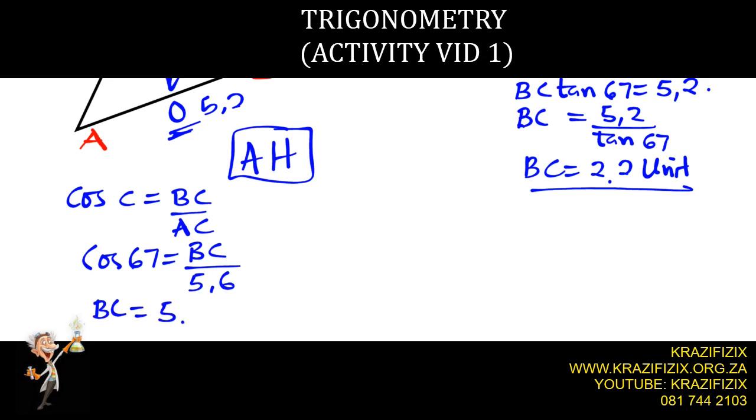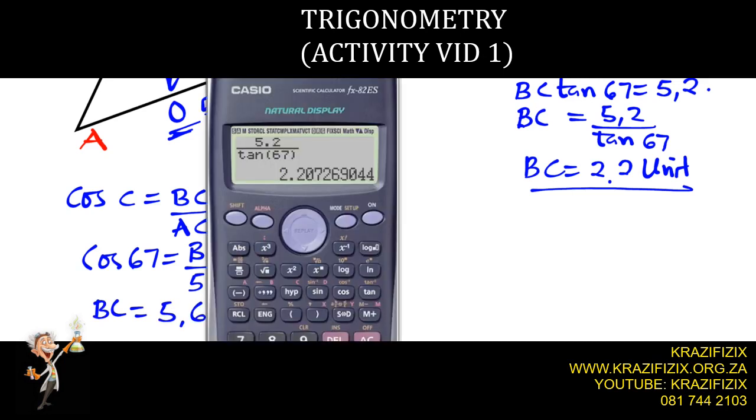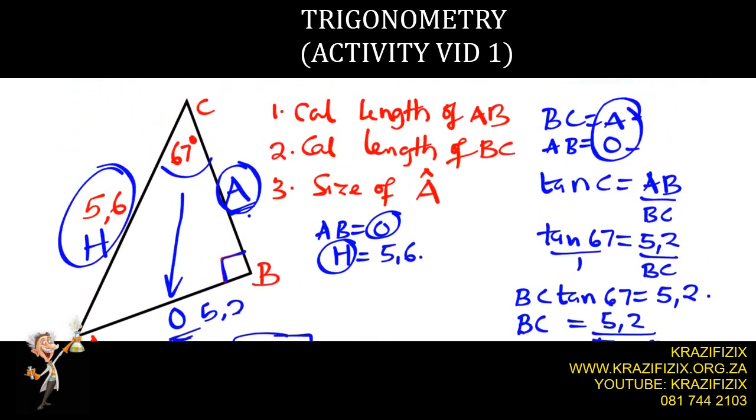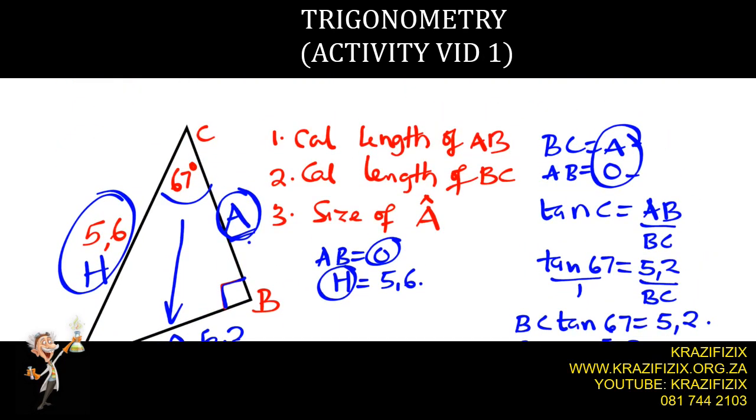BC therefore is 5,6 cos 67. Round it up again, 2,2 units. So whichever way, even the Pythagoras got us about 2,2 rounded off as well.